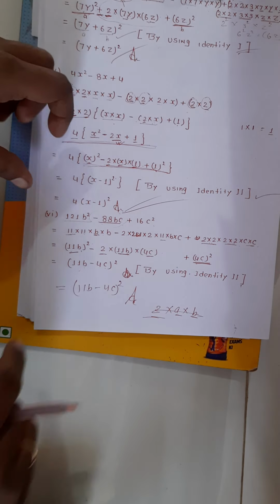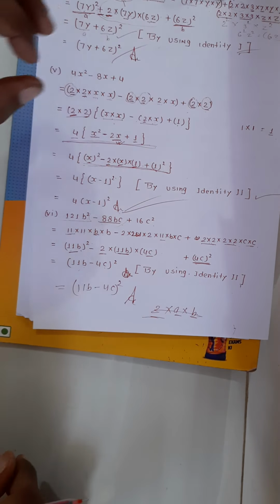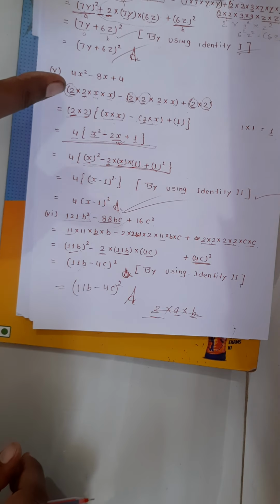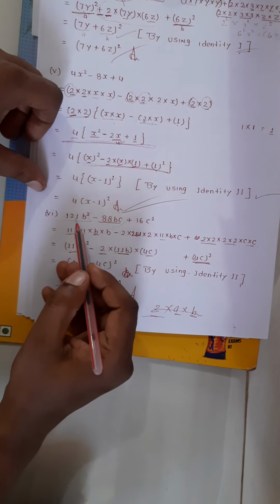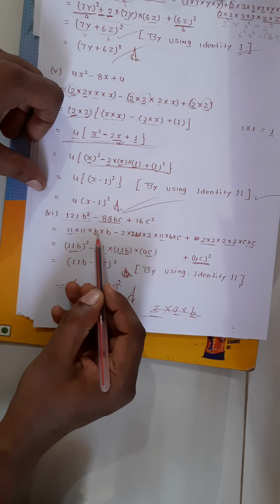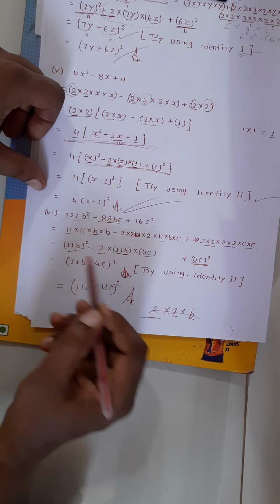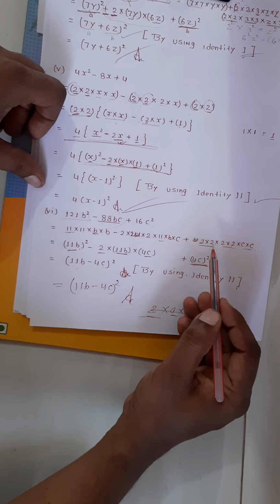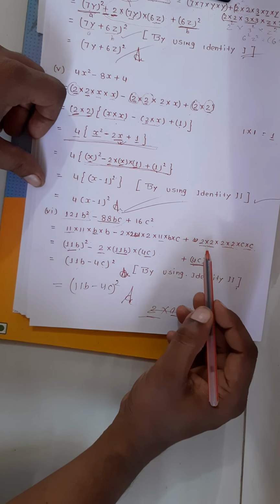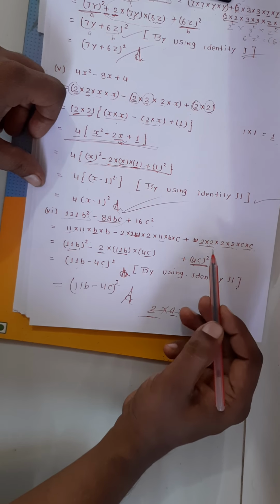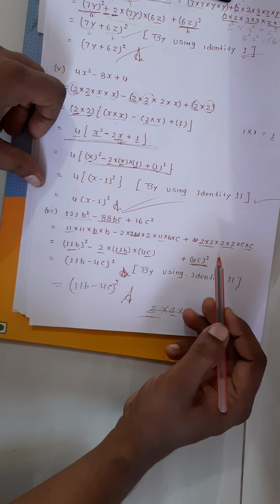Now for identity number first and second, we need two perfect square terms. Here it is 11 into 11 into b into b, so we can write it as the whole square of 11b. And here it is 2 into 2 into 2 into 2 into c into c, means 2 square c square, means whole square of 4c.